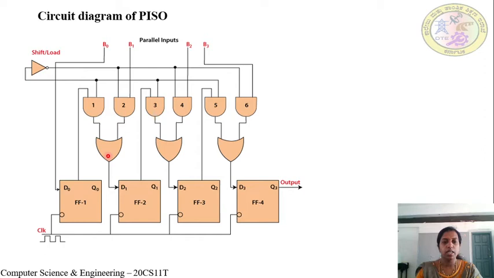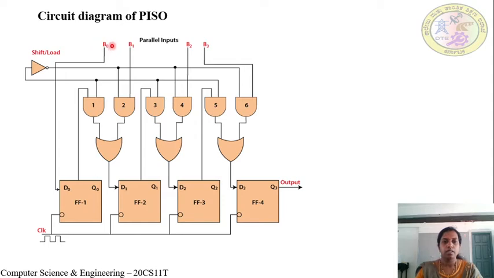It follows the same implementation for the other flip-flops: 2 AND gates and 1 OR gate for the first and second flip-flops, then AND gates 3 and 4 and one more OR gate, and again FF3 and FF4 are connected with the 2 AND gates, 5 and 6, and 1 OR gate.